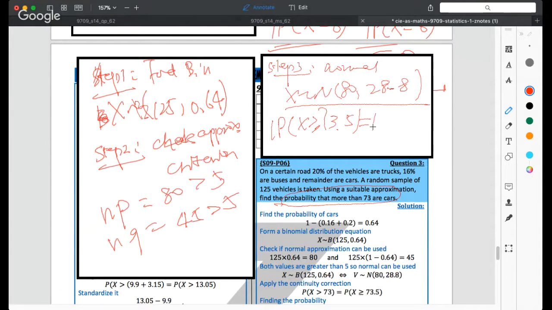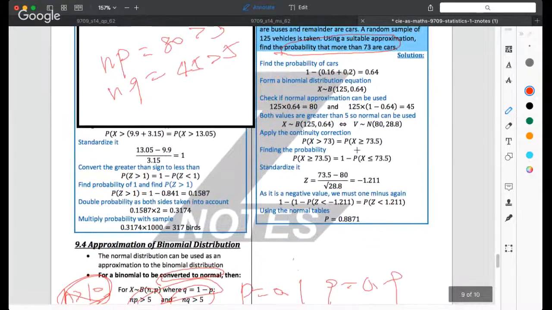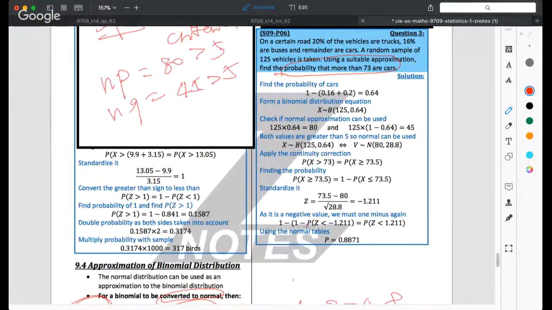Then we do the standardization, say 73.5 minus 80, sorry, and divided by 28.8. And then using the method we talked about here and our normal distribution table, we can see what the probability is.